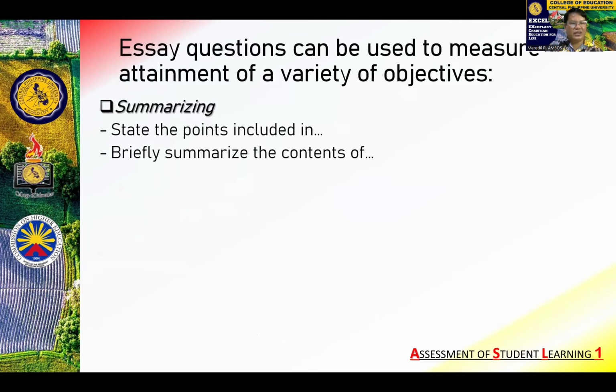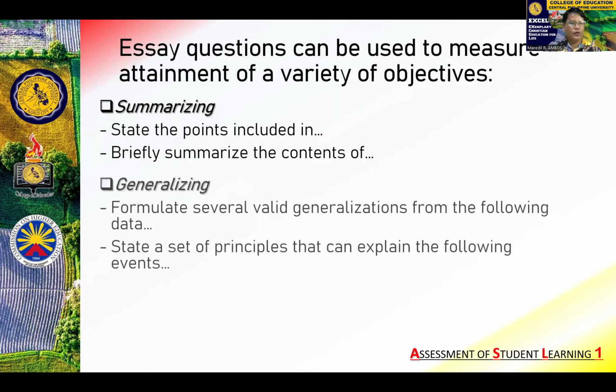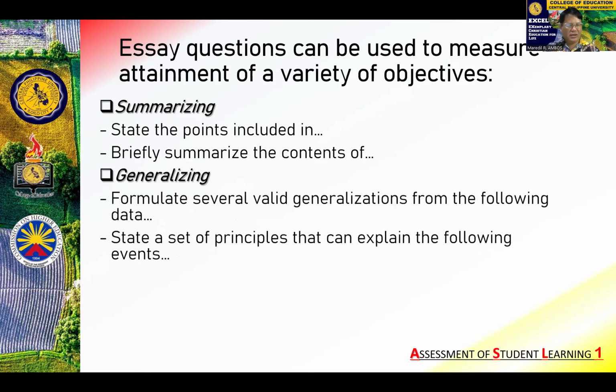For summarizing, we need to state the points included in... for example, state, or briefly summarize the contents of. It's summarizing. For generalizing, for example, we can have: formulate several valid generalizations from the following data. So you present data. Then: state a set of principles that can explain the following events. So generalizing still.